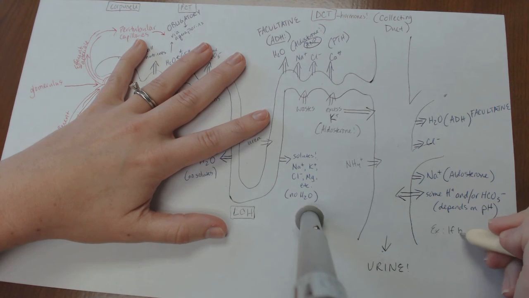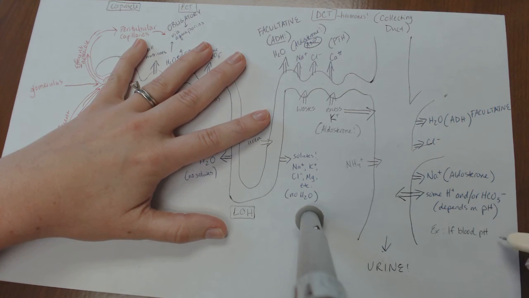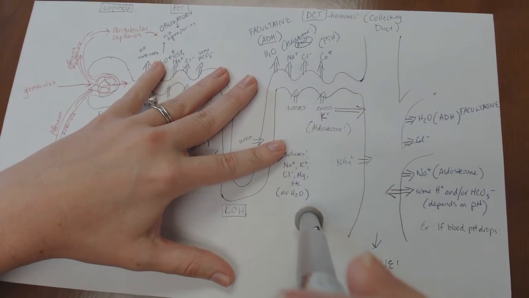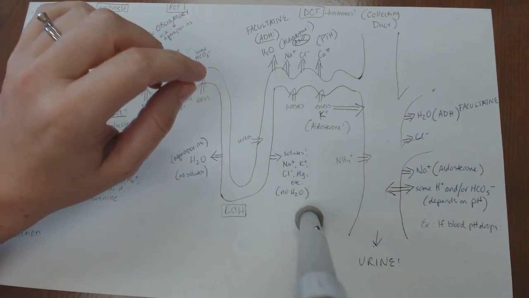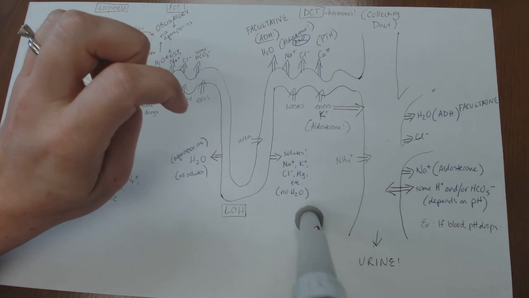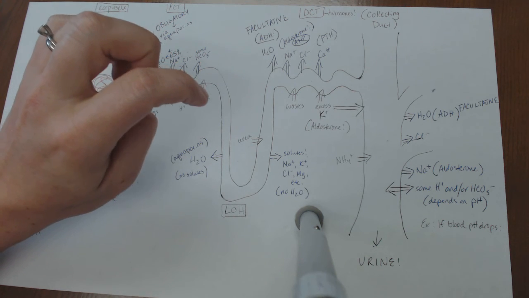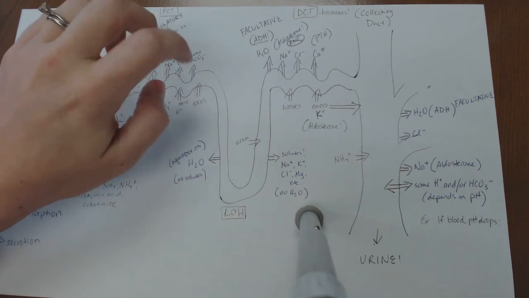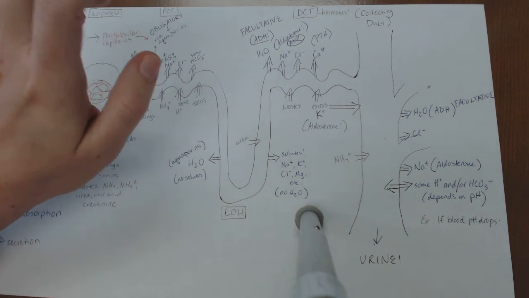So let's just say blood pH is dropping. If blood pH drops, what does that mean? It's like we're going down from 7.45 to 7.4, then to 7.3. That would mean it's dropping, right? Which means it's getting more acidic.